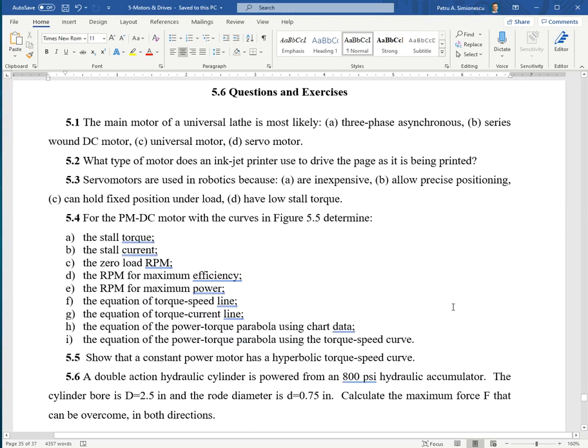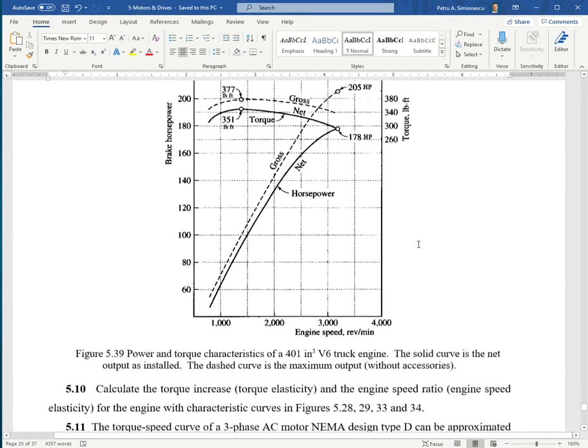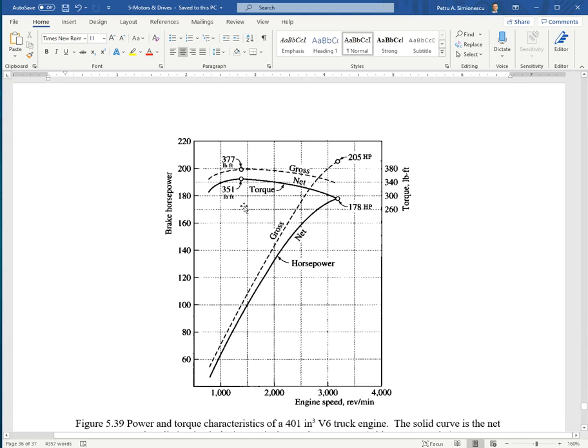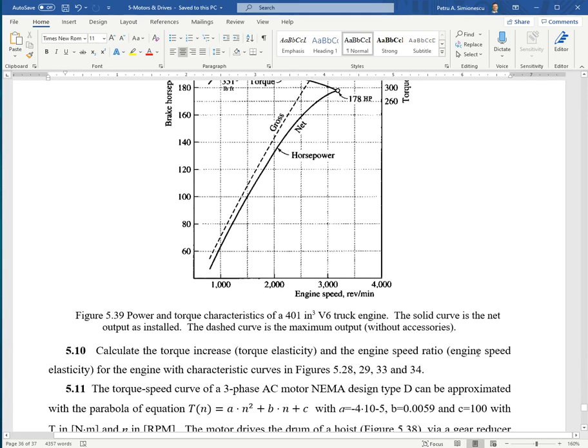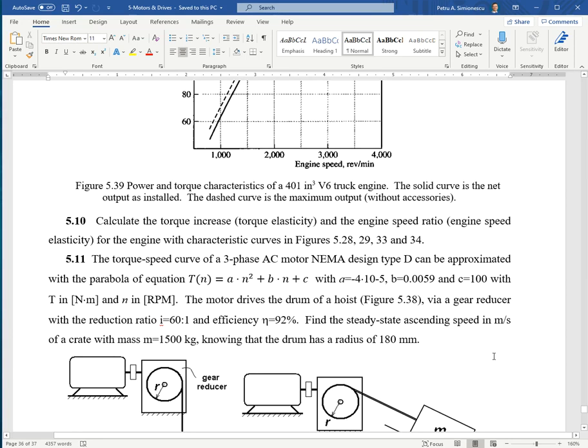Sample questions and exercises for this chapter 5. There are several. You'll see a homework based on this, where we need to extract the maximum torque and the maximum power and the corresponding RPMs, and calculate a torque increase and also the speed ratio.